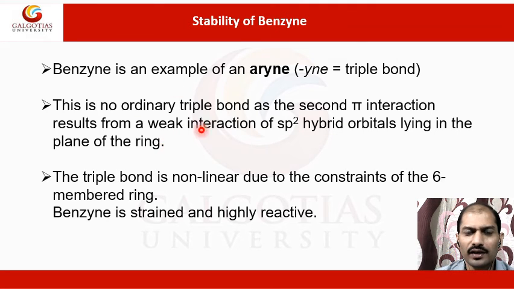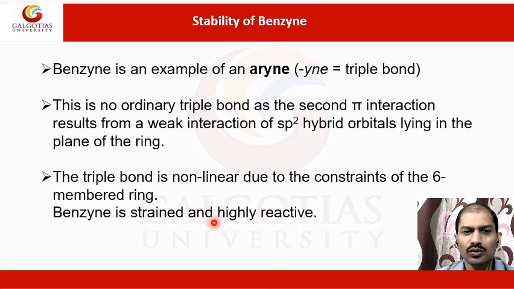As I said, this is not the normal triple bond you had seen in alkynes, in simple hydrocarbons. So the triple bond is non-linear due to the constraint of the six-membered ring.